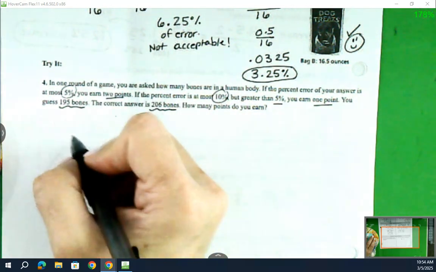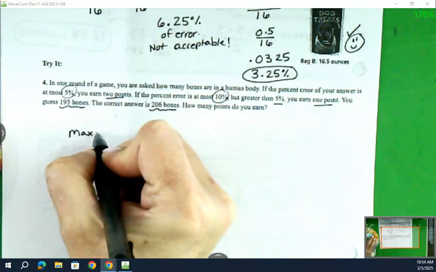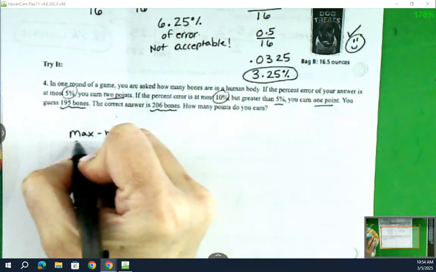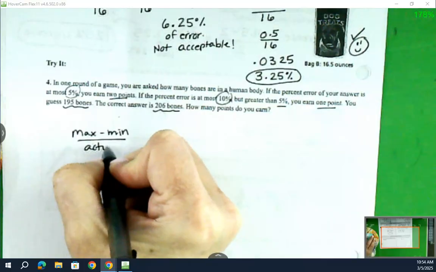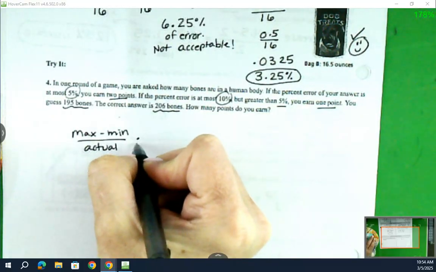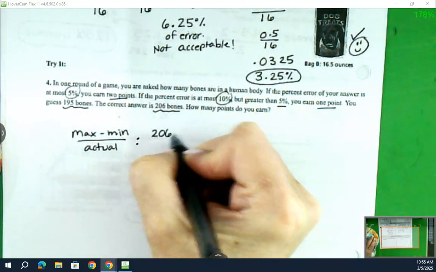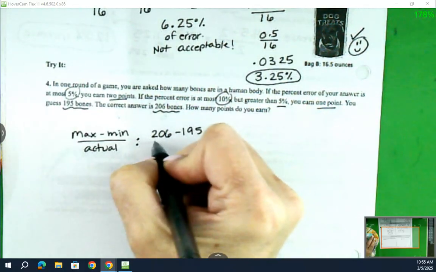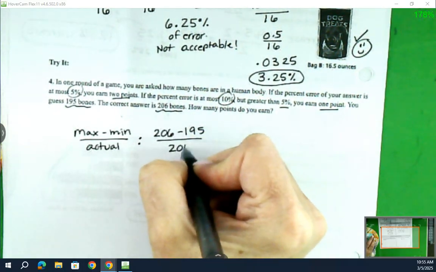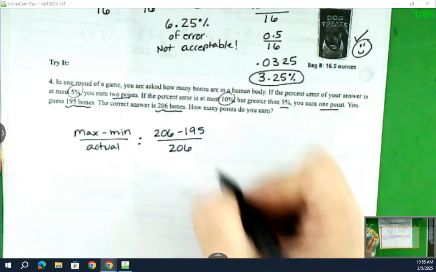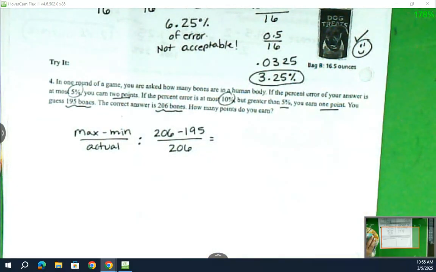Okay, so we're going to do our maximum minus our minimum over the actual amount and see what that percent error is. So 206 minus the 195 over the 206, which is your actual. So we underestimated here.